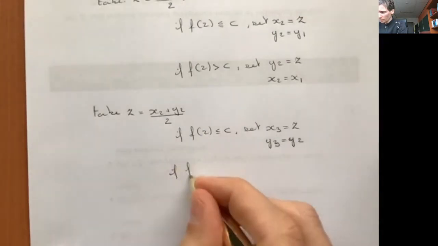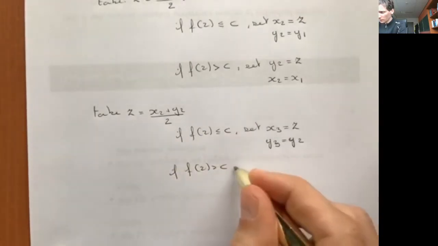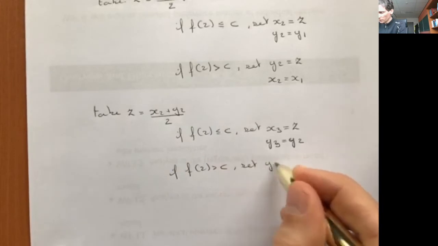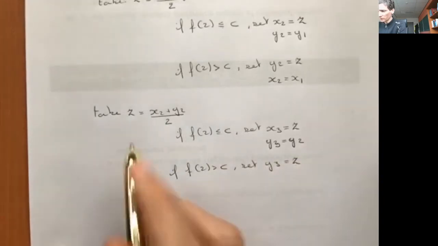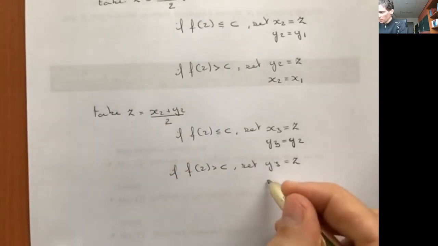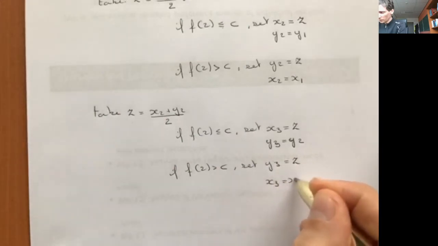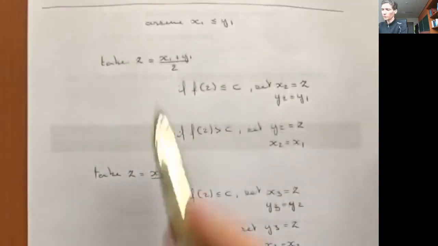If this is not the case, then f of z is bigger than c, and we set y3 to be equal to this midpoint, and x3 to be the same lower bound. And we continue doing this.